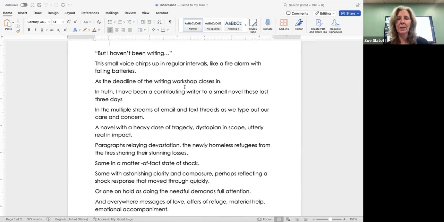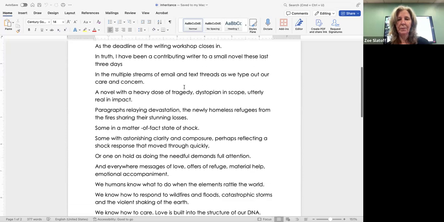Paragraphs relaying devastation, the newly homeless refugees from the fire sharing their stunning losses. Some in a matter-of-fact state of shock, some with astonishing clarity and composure, perhaps reflecting a shock response that moved through quickly, or one on hold, as doing the needful demands full attention.